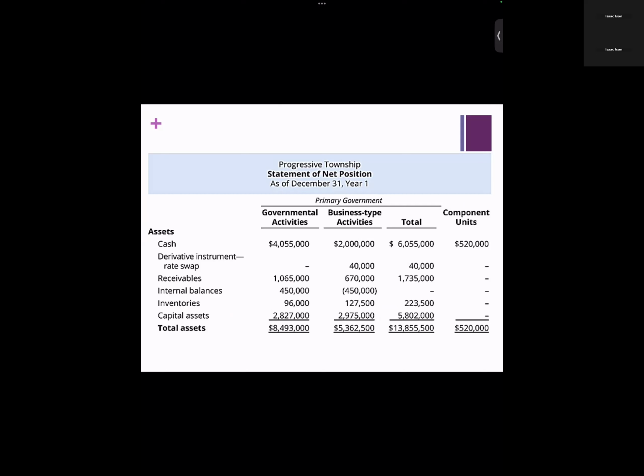So here's an example of a statement of net position. You can see we have our governmental activities and business type activities. This would be your enterprise fund. You can see that the internal service fund, it washes out, right? Because it's governmental activities and then internal service fund.